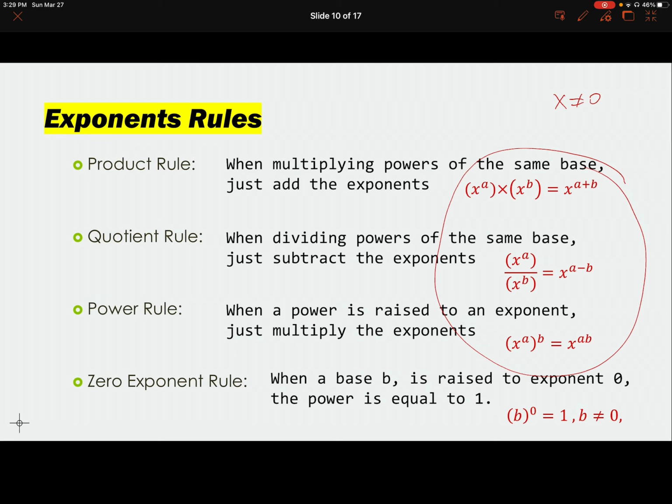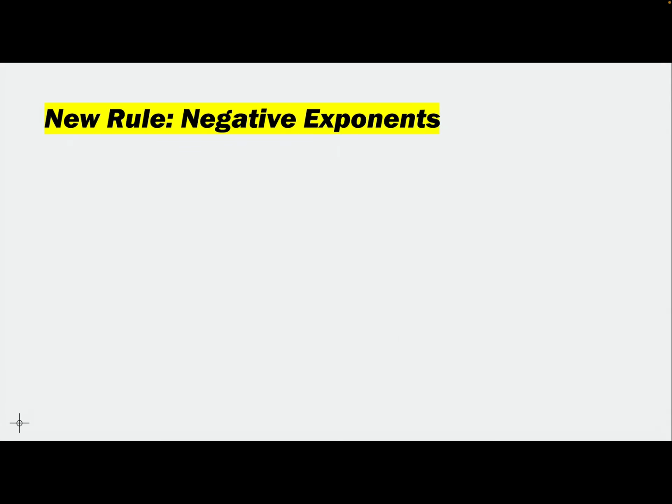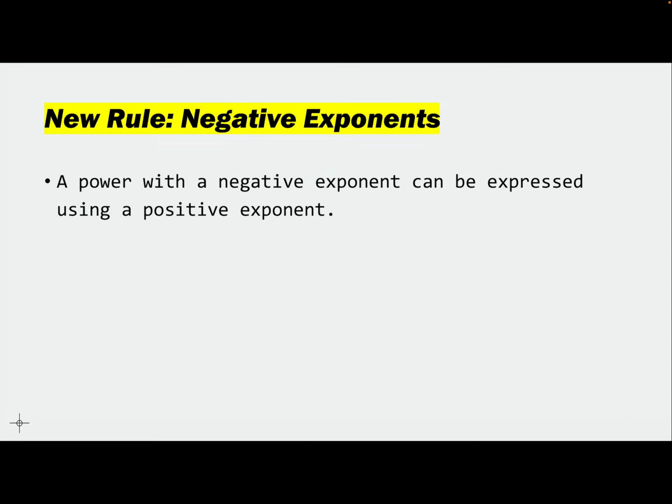All right, I think we can go ahead and learn the next rule now. So go to the next slide here. There's a new rule that we're going to learn for exponents, and it's when we have negative exponents. A power with a negative exponent can be expressed using a positive exponent.